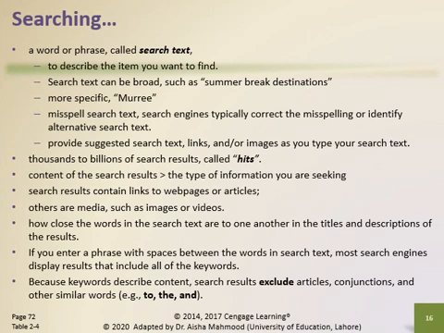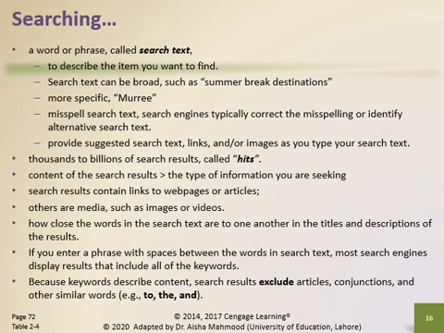Search engines require that you enter a word or phrase called search text to describe the item you want to find. Search text can be broad, such as spring break destinations, or more specific. If you misspell search text, search engines typically correct the misspelling or identify alternative search text.